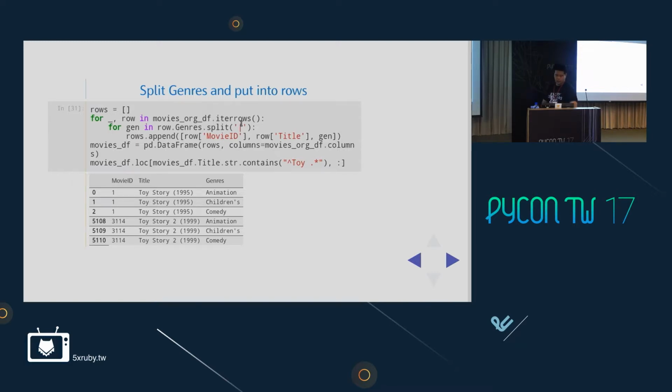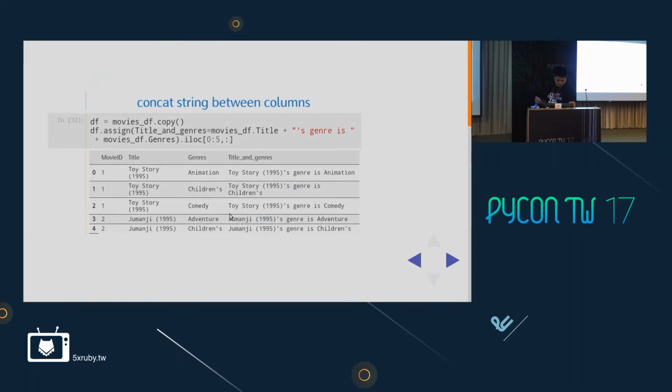In this case, I wrote a two-layer for loop to expand the movie genres into different records. And you can also use the add operator to concatenate strings. In this case, I concatenated the movie titles and the movie genres, and they give me this string.